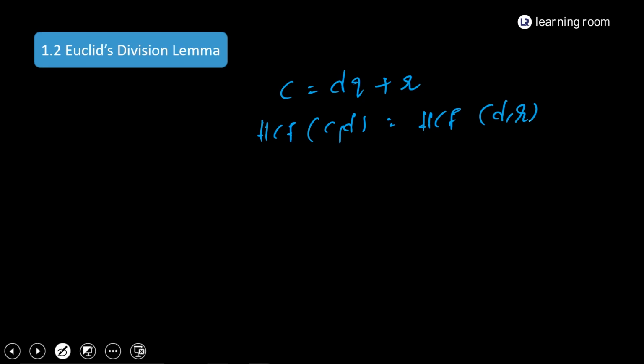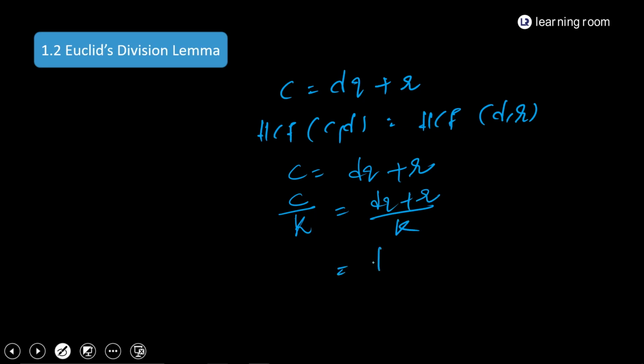Let's say K is the HCF of C comma D, right? Then let's say C equals dq plus R. K is the HCF, so we can divide by K, right? dq plus R divided by K should be divisible.